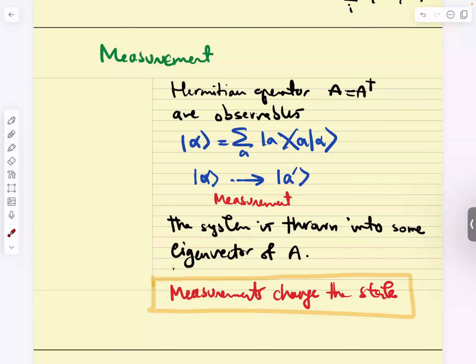Any other questions? All right, so let's describe measurement. This is the way we describe measurements in quantum mechanics.